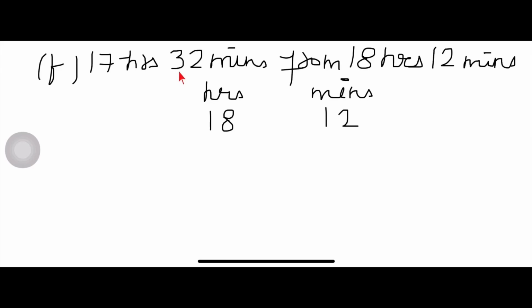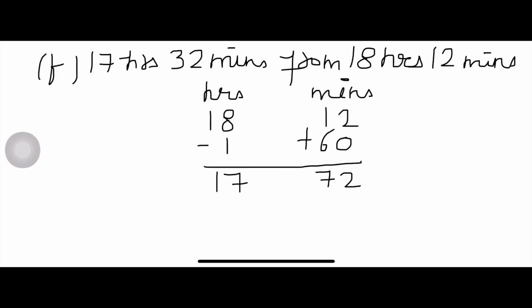But in time, it is not possible to subtract 32 from 12. So what we will do, we will follow this step. Just look at it carefully. We will add 60 to 12 and deduct 1 from 18. Now it will become 72 and 18 minus 1 is 17.